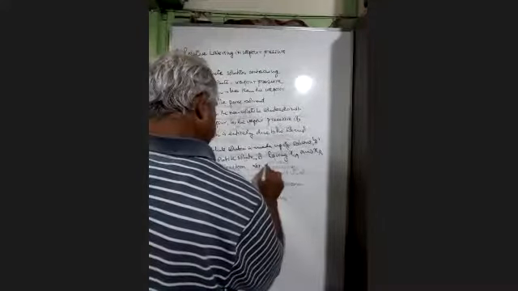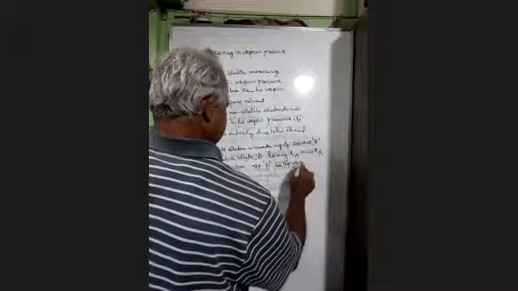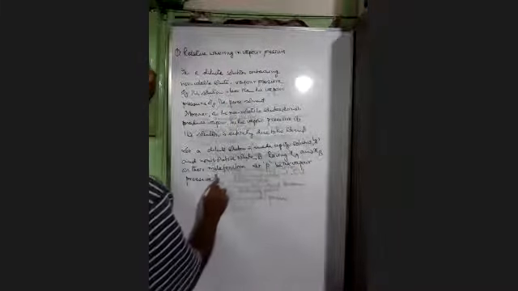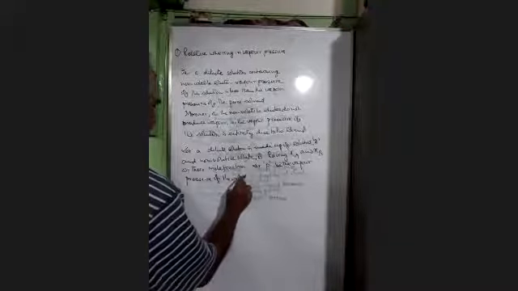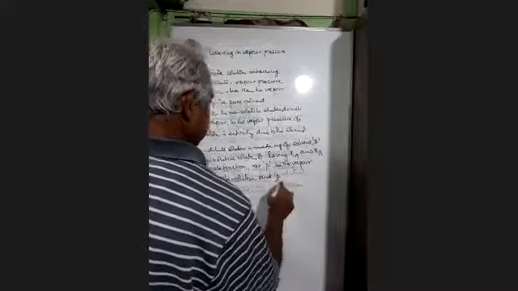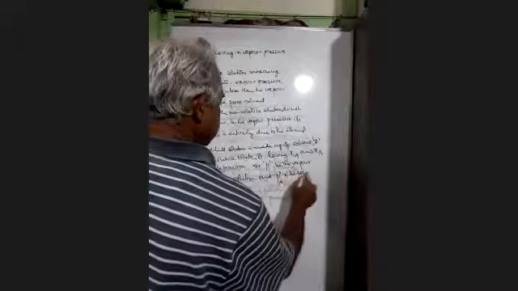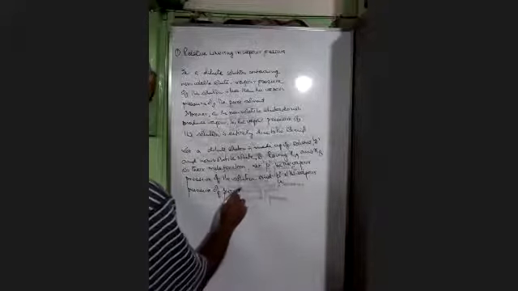Let P be the vapor pressure of the solution and PA0 is the vapor pressure of pure solvent.